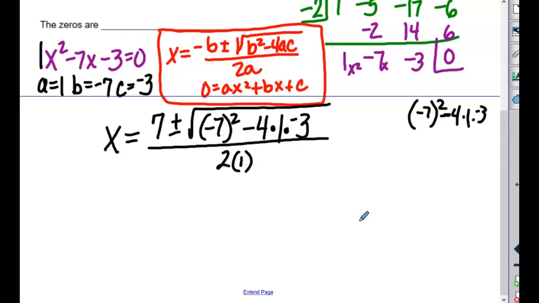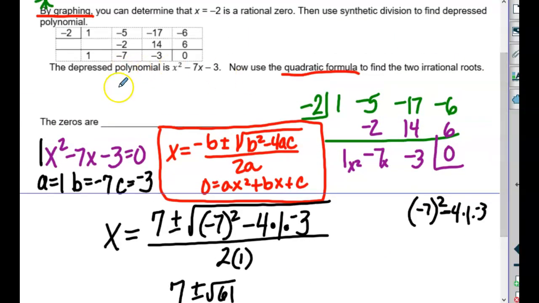Anybody not getting 61? So we have 7 plus or minus the square root of 61 over 2. Can we reduce anything there? Nope. So the other two zeros are exactly at 7 plus the square root of 61 over 2 and 7 minus the square root of 61 over 2.